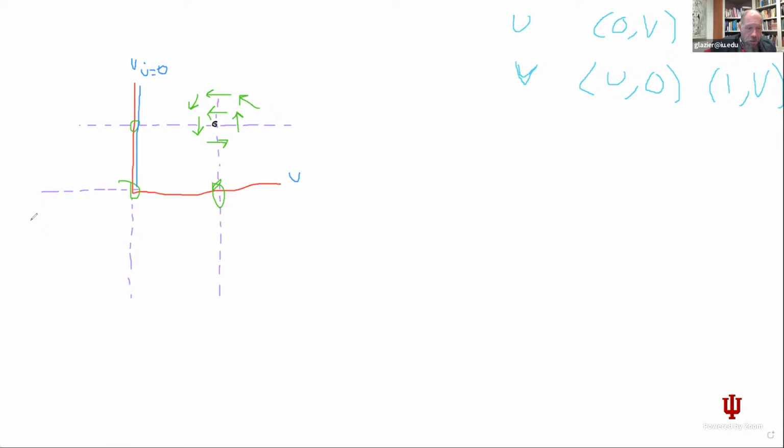And let me change the color. And u comma 0, this one is a null-cline for v.